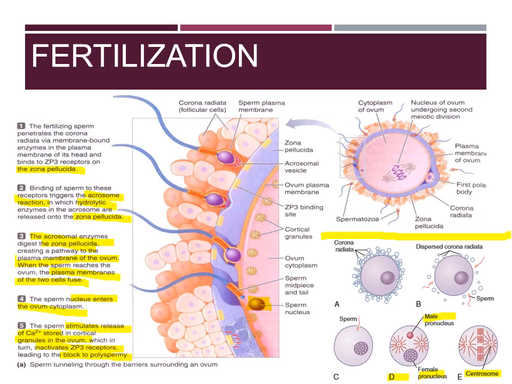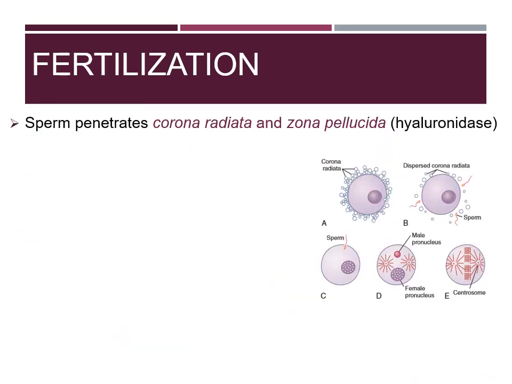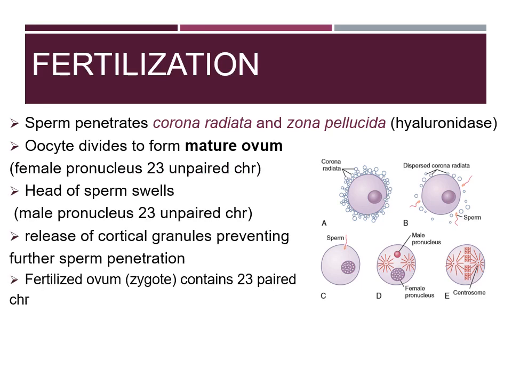At this stage, we can say that this is a complete union of the sperm and the egg genetic material. After union of both male and female pronucleus, the 23 unpaired chromosomes from the male and the 23 unpaired chromosomes from the female, the fertilized ovum will contain 23 paired chromosomes, or the complete set, the complement of 46 chromosomes.